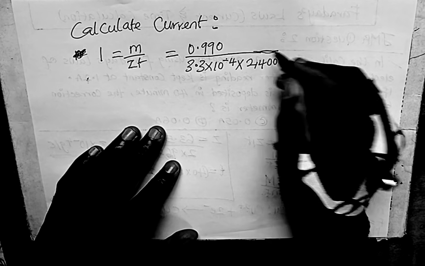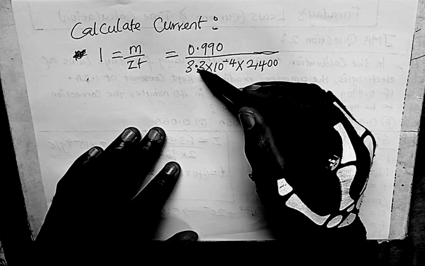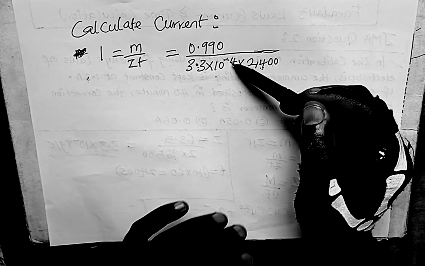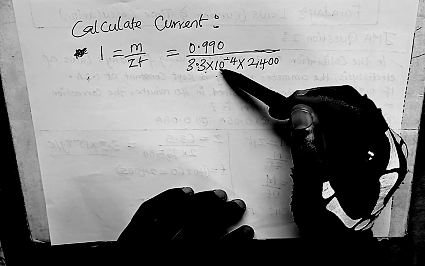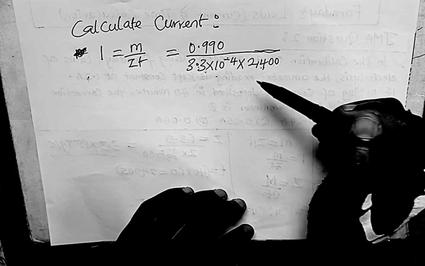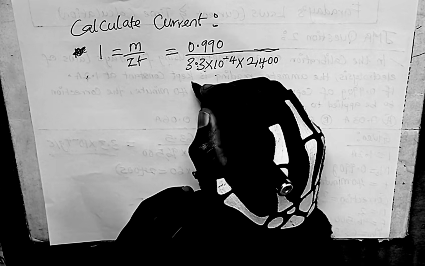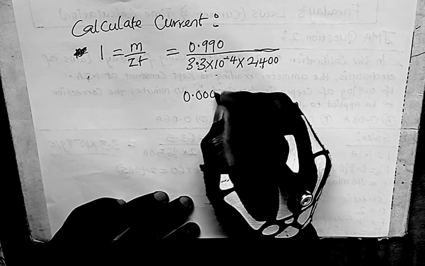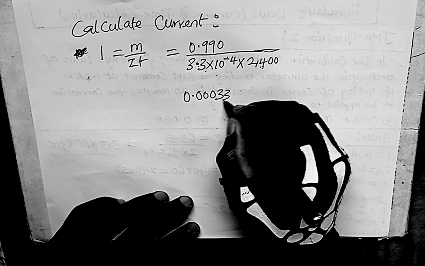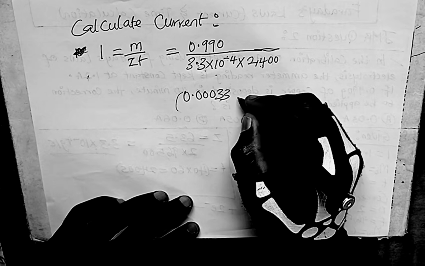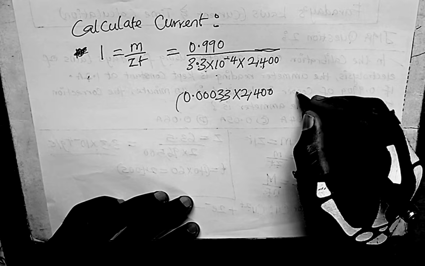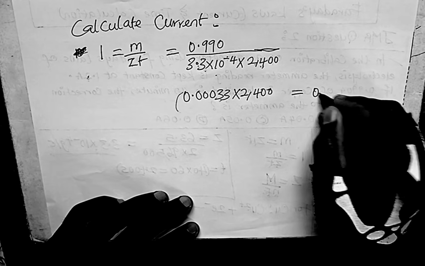Remember this standard form is 0.00033. Multiplying it by 2,400 on the calculator gives 0.792.